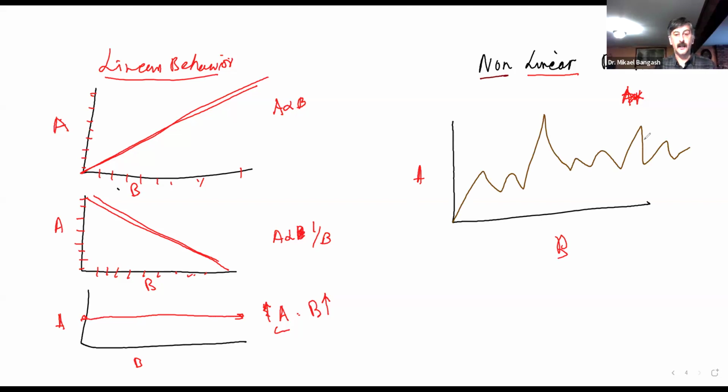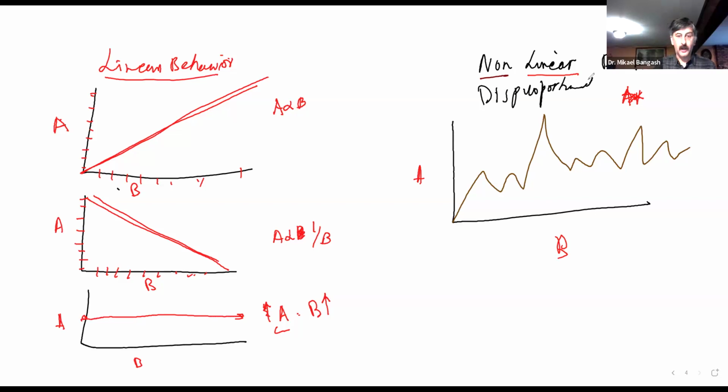We can say that it is not going to be proportionate. So a non-linear relationship or non-linear behavior is not proportional.